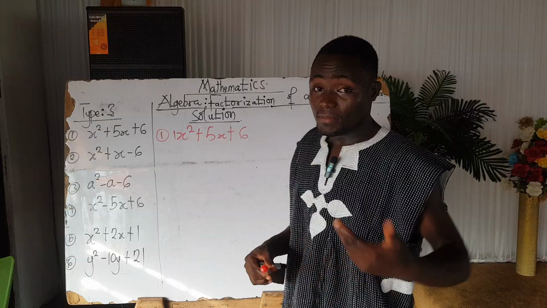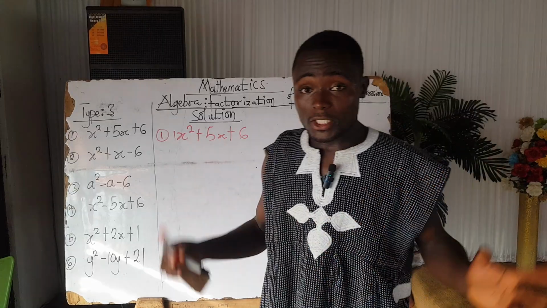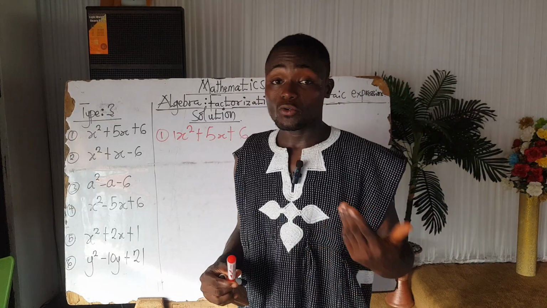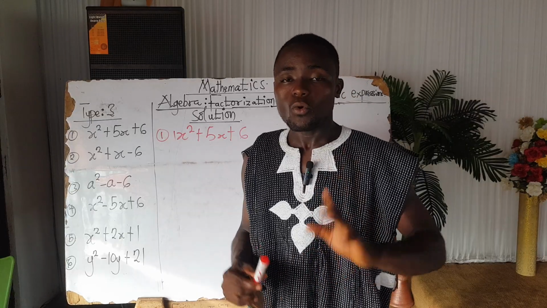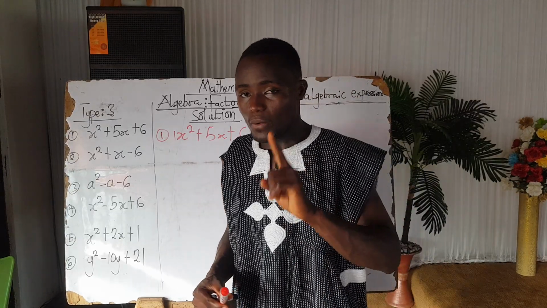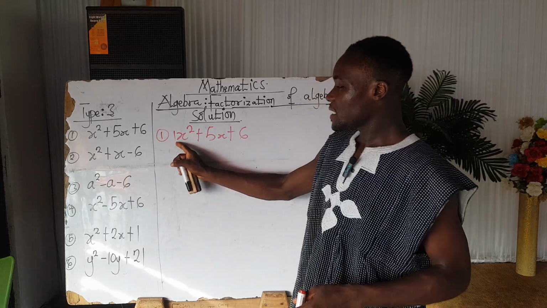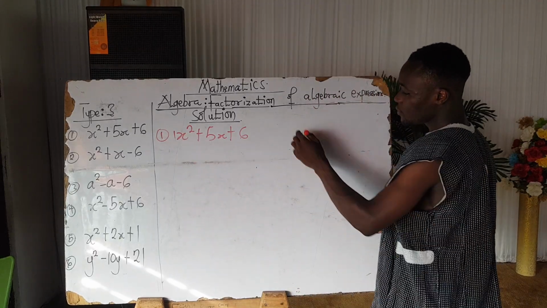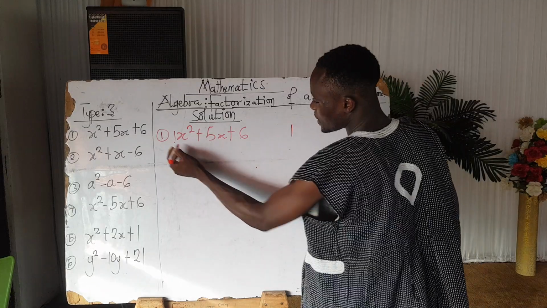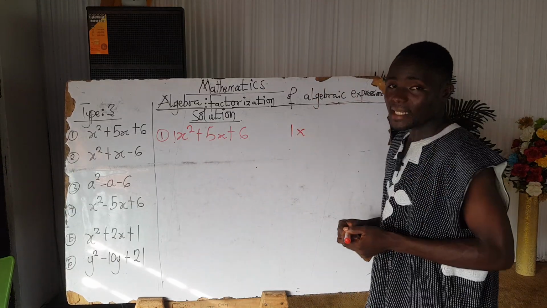Remember, I told you in my previous videos that in algebra, anytime a variable stands on its own, we said that the variable has a unit coefficient, that is the number 1. After identifying the coefficient, which is 1, we are going to pick it to multiply the constant.